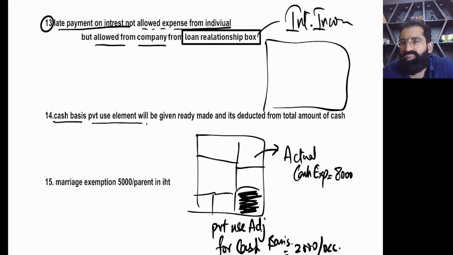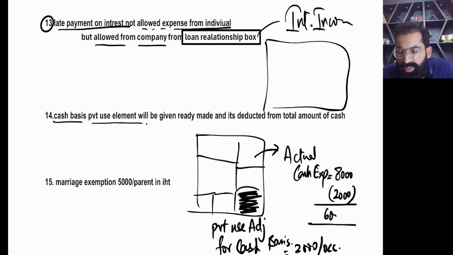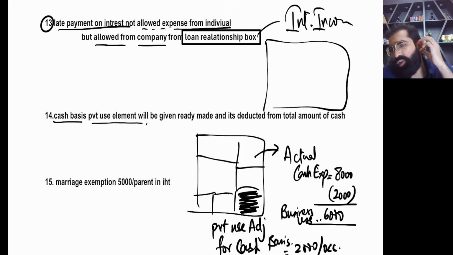So 2,000 multiplied by 1 is 2,000. So out of 8,000, 2,000 is the private use adjustment. So the business use amount is 6,000. This is business use, and this will be deducted from your cash basis PNL.